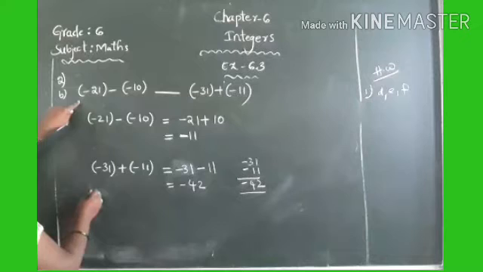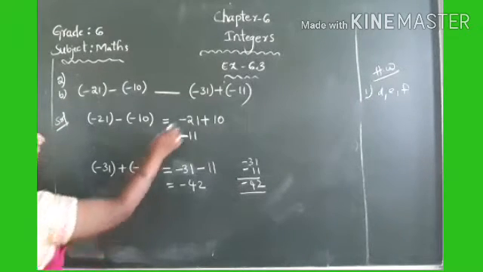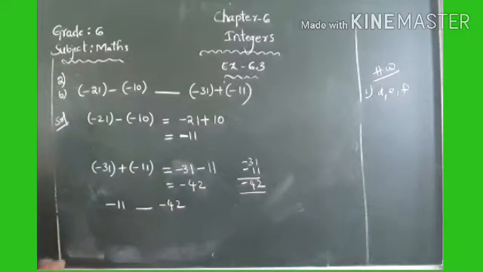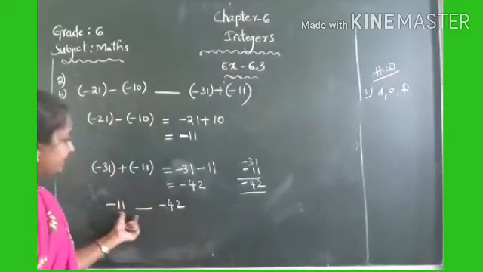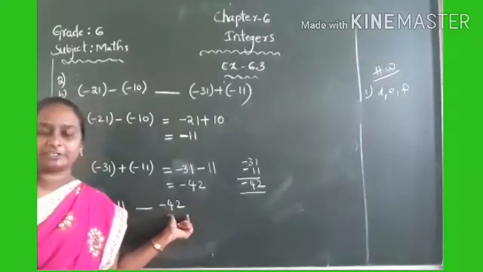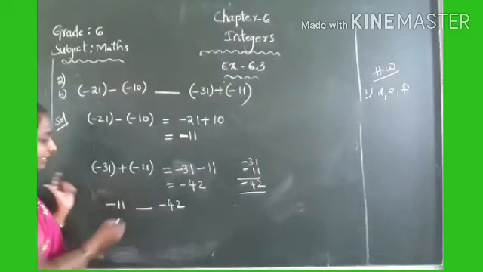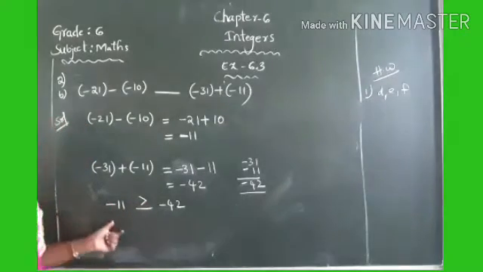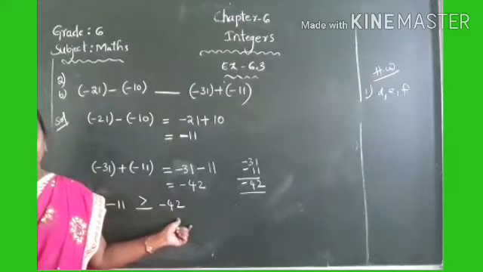Now this value, what is that? Minus 11. And this one? Minus 42. Now tell me which is greater? Minus 11 is greater. Minus 11 is greater than minus 42.